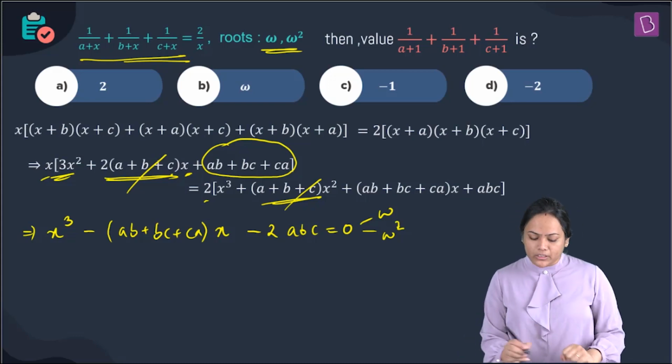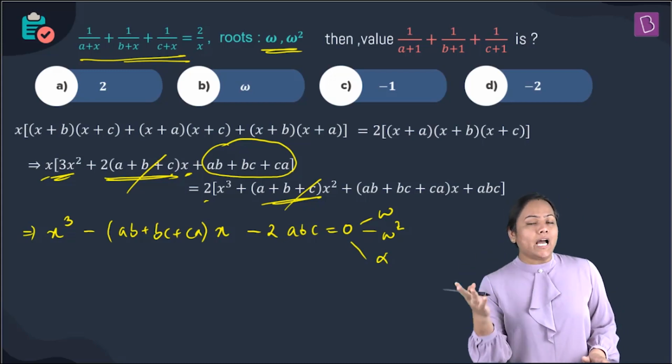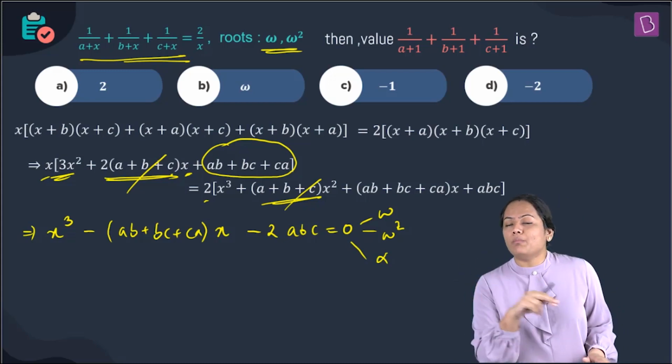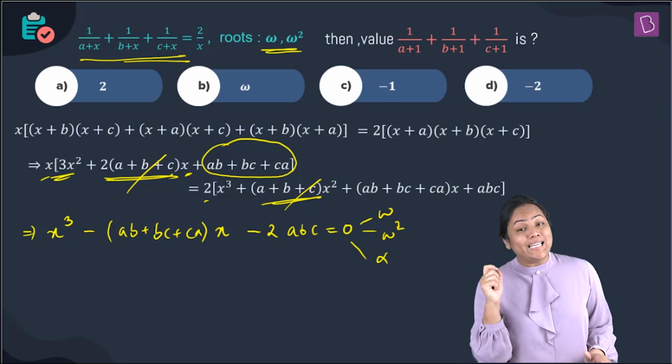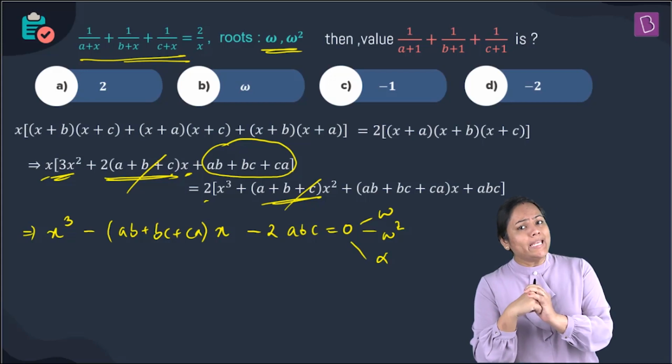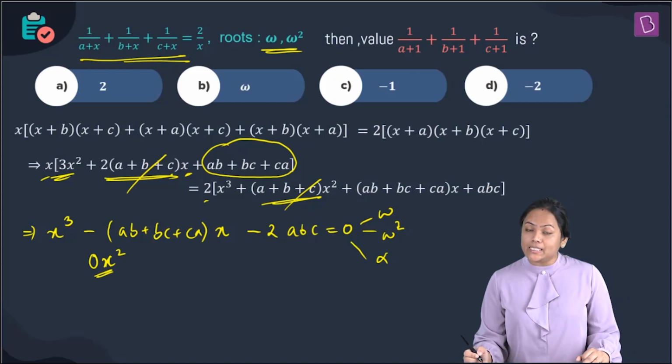Well, to get the third root, let me take the third root as alpha for some time. And now you tell me, guys, what is the sum of roots for this equation? Well, the sum of roots is 0. Why? Because I do not have any coefficient of x square in this term.